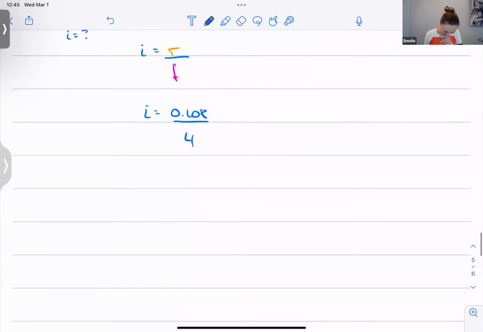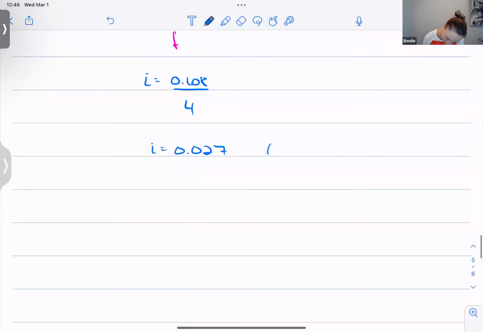So I is 0.027. All right, so 2.7% per quarter. That's what the periodic interest rate is.